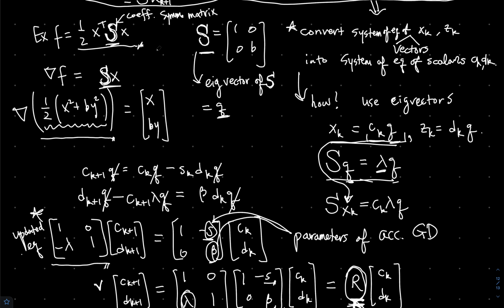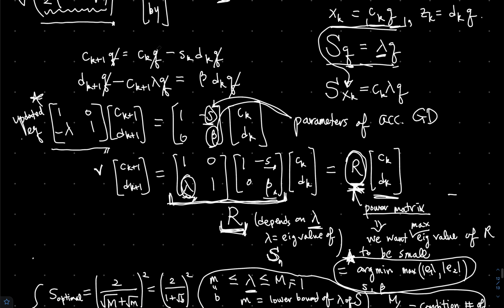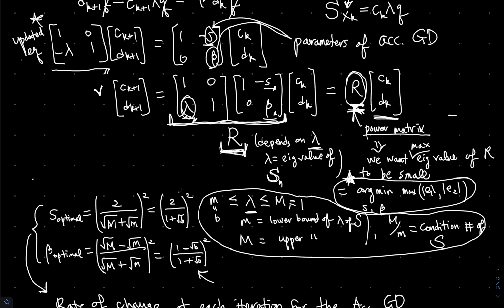So within the context of convex optimization, we can examine an example of gradient descent and gradient descent with momentum, accelerated gradient descent. All right, so please remember that. And remember that these values of S optimal and beta optimal should be plugged in here to get this optimal rate of convergence for this gradient descent with momentum.